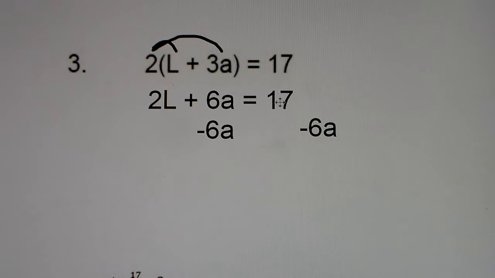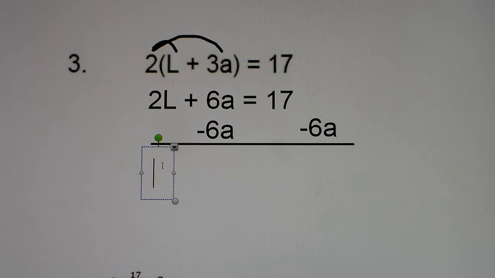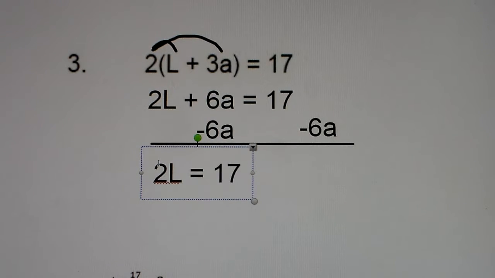They have to be the same term in order to be subtracted, added, or combined in any shape or form. 2L, I'm not subtracting anything from, so we leave the 2L there. The positive 6A and the negative 6A cancel out, so I don't write anything there. Carry down the equal sign, carry down the 17, minus 6A.